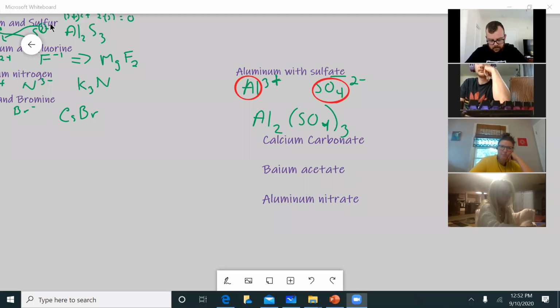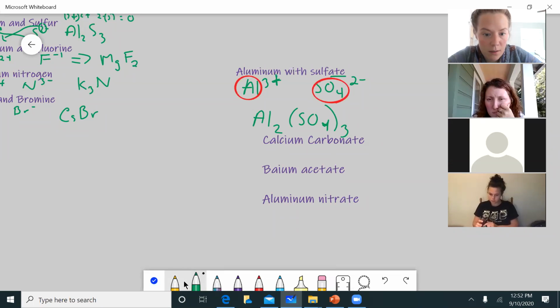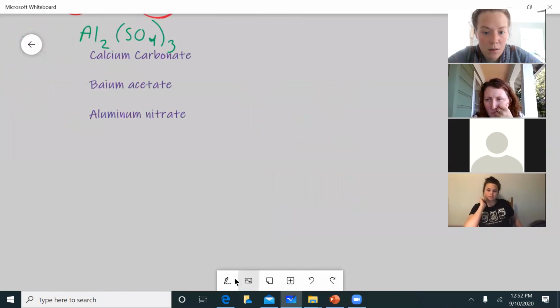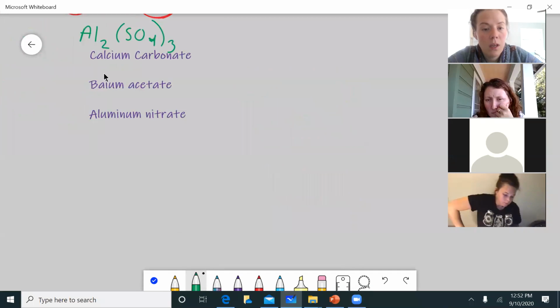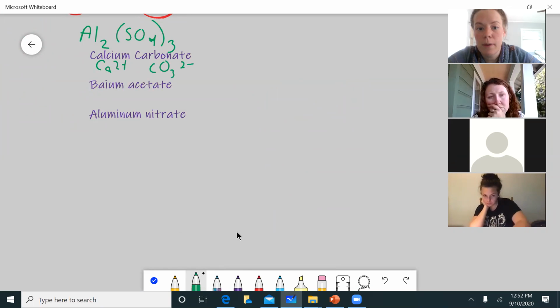All right. So for this first one here, I've got calcium and carbonate. So my calcium is always going to be Ca with a 2+ charge. Carbonate is always CO3 with an overall 2- charge.